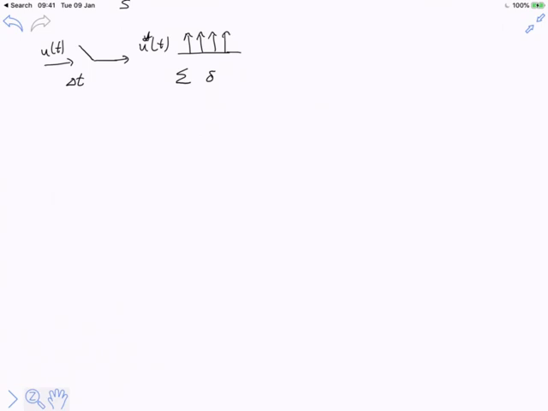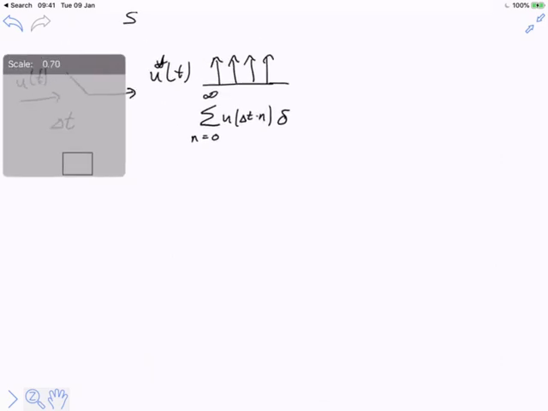And so the value of u at the sampling intervals, and I'm going to have something like n going from 0 to infinity, and I'm going to have the magnitude of that delta. The magnitude of that delta is going to be the size of u at that moment in time. Let me make that bigger.